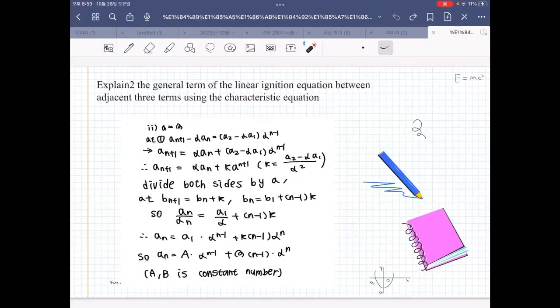The next case is when alpha and beta are the same. In step 1's equation 1, we can find this correlation. And from this equation, we can get this formula. And divide both sides by a. At this formula, we can get this equation. So, we can get the same correlation as in the first case like this.